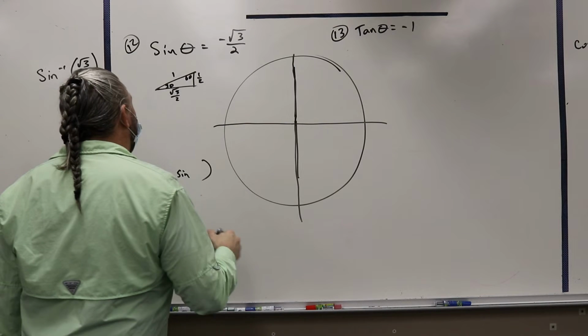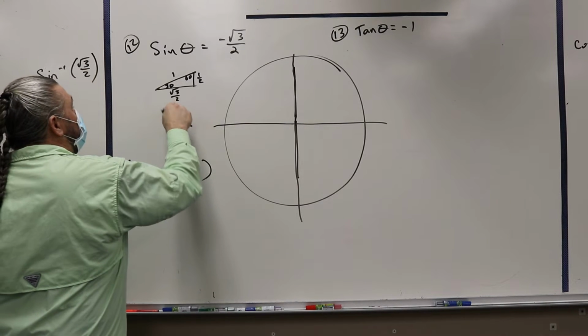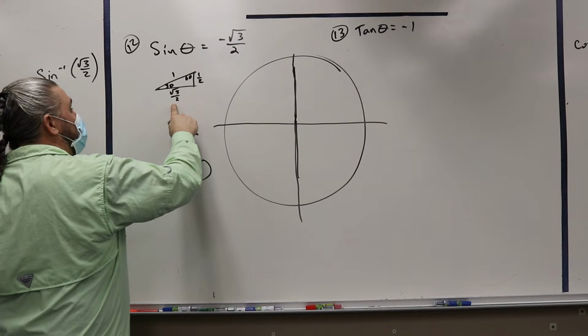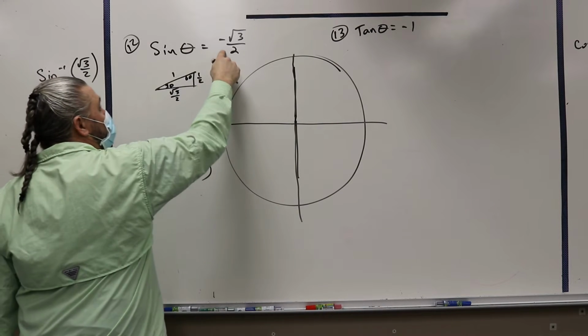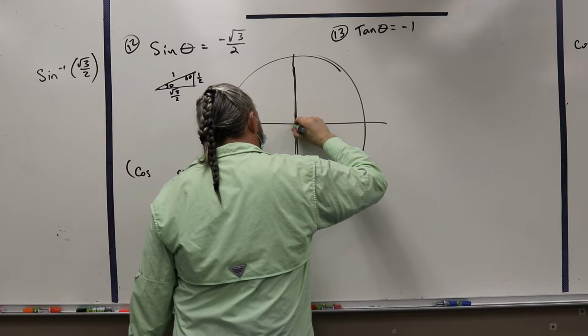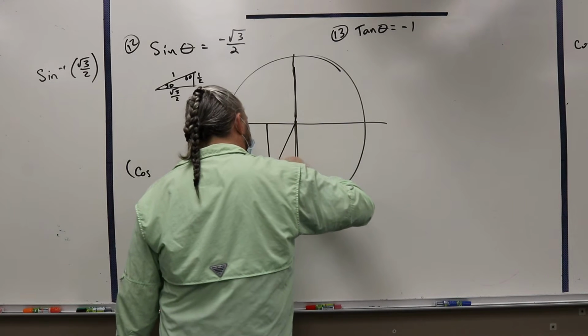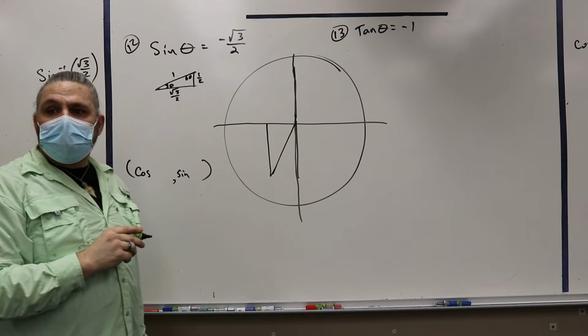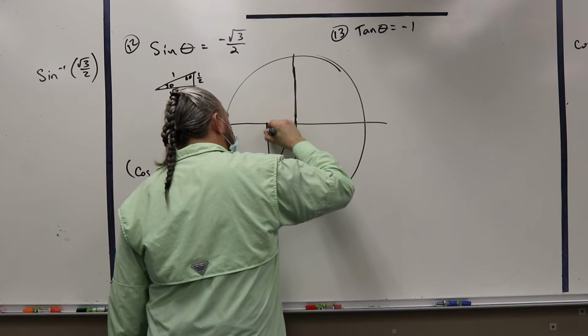So when we're talking about the opposite side being negative square root 3 over 2, that means the opposite side had to be like this, so that this is negative.